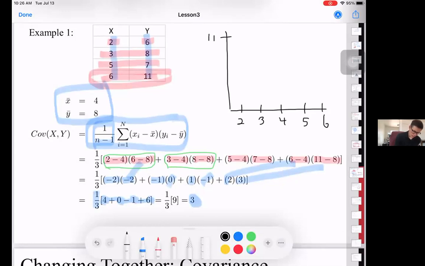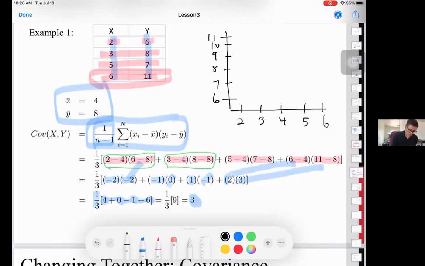Smallest value is 6. 6, 7, 8, 9, 10. So I'm going to try to make these as even as possible. Not great, but not bad. 10, 9, 8, 7. Okay. So I'm going to plot these.